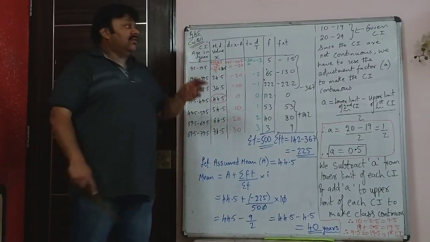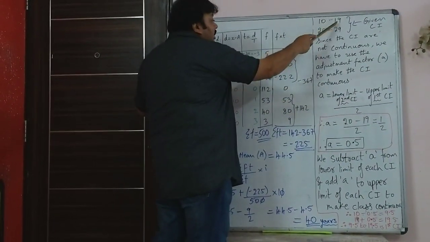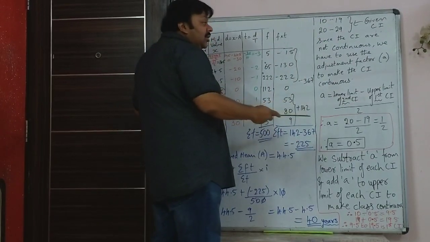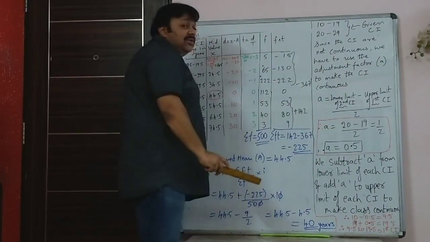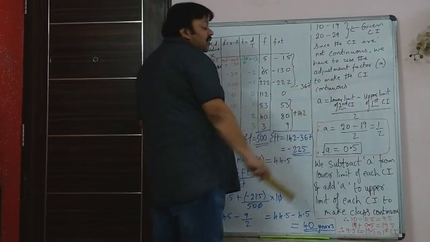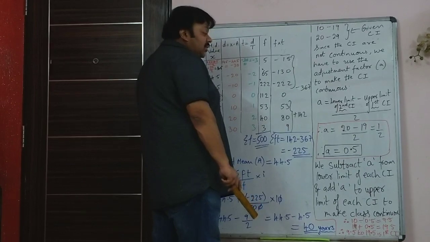When class interval is not continuous like this, 19 and 20, they are not the same number. So we make it continuous by use of adjustment factor small a. We use the adjustment factor of small a to make the class interval continuous.